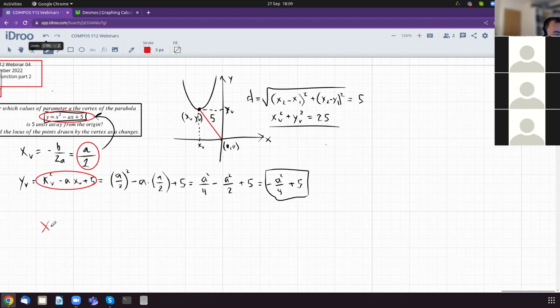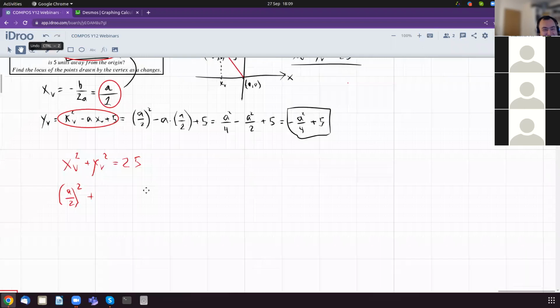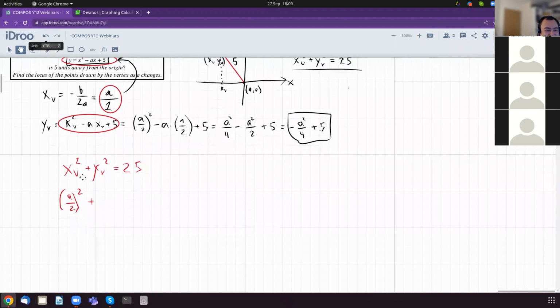So we know that x vertex squared plus y vertex squared has to equal 25. Therefore, a over 2 squared plus y squared. Well, this is something I wouldn't want to do, because if I put this in, it's gonna be a to the power 4, something I really don't want. Let's see if there's another way.